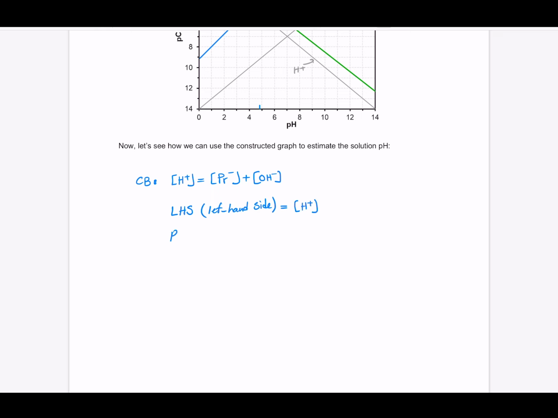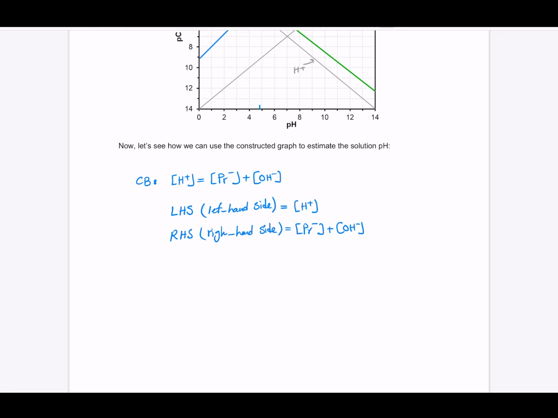And also let's define the right-hand side. In this case, this would be PR minus plus OH minus. Right? Just the left-hand side, the right-hand side of this particular charge balance for this particular system.